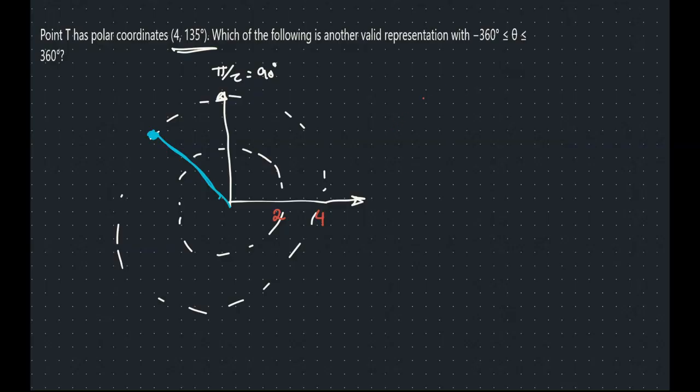So let's find some points that have the same representation and same value, but look a little bit different. So the first idea is not using positive angles, rather using negative angles. So instead of going like this, we will go like this. We will keep the 4 as it is, but instead of positive 135, we will go just like this.